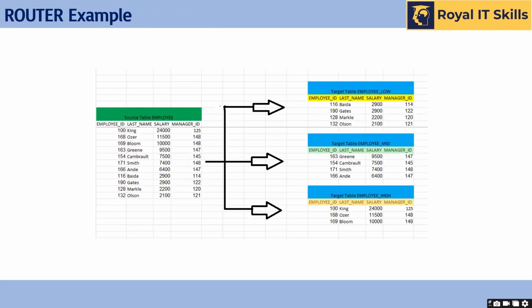We will go with an example. Let's say we have one employee table, and we can have multiple targets for dividing the data. We can go by this example, or I will show with a simple example how this works.